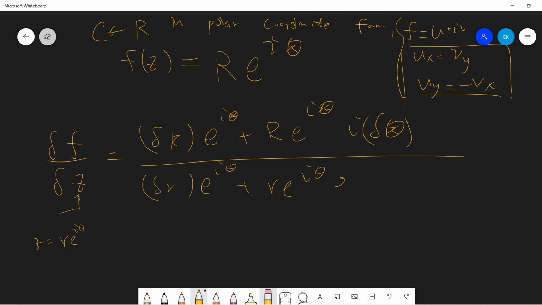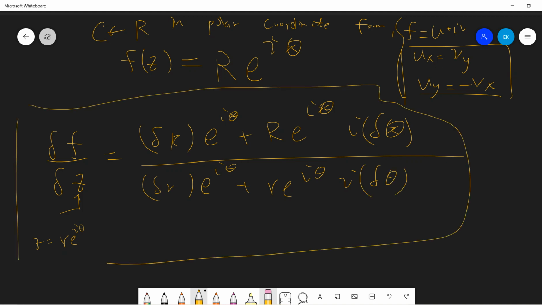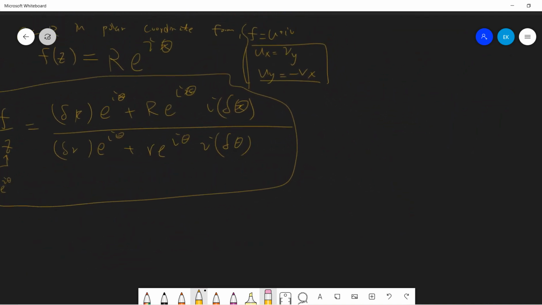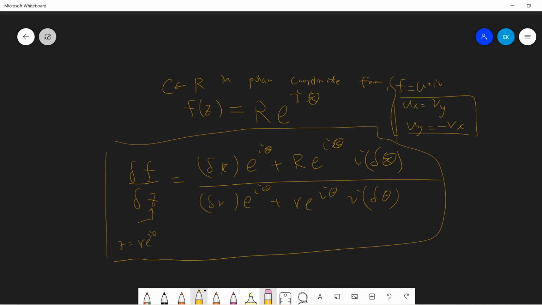It's just the capital Theta symbol. I think everyone knows about this, so this is our starting point. We want to relate this to small r and small theta, just as we did for the standard form.